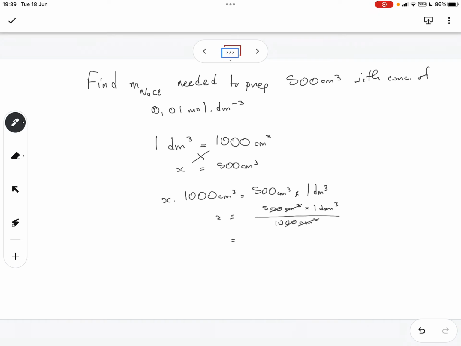So we will have 5 divided by 10 dm cubed, and this is half a liter. So that's how we convert.